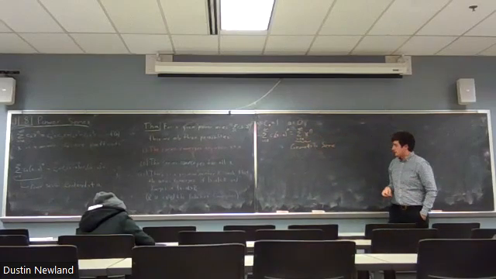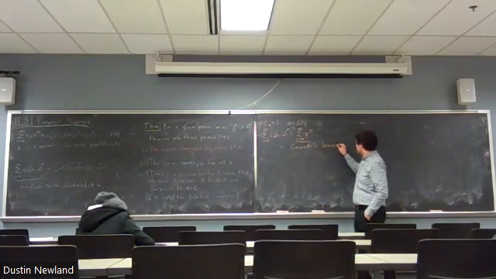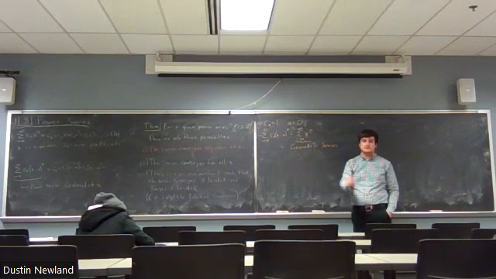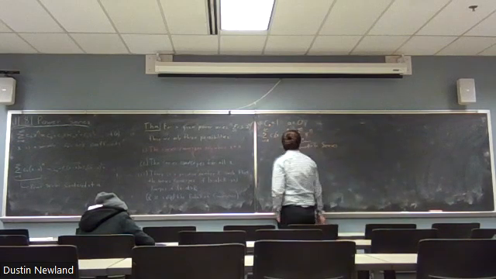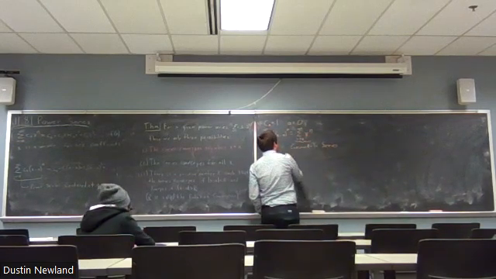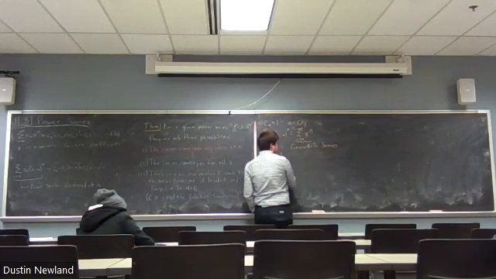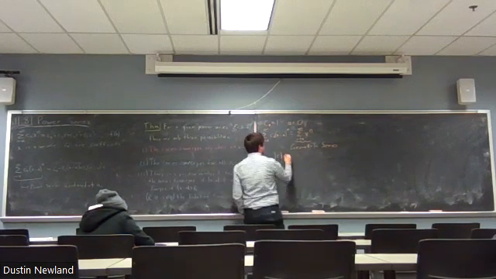Now, how do I determine if a geometric series converges or diverges? I have to check r, the absolute value of r, which is x in this case.